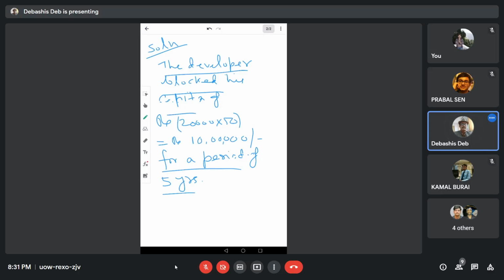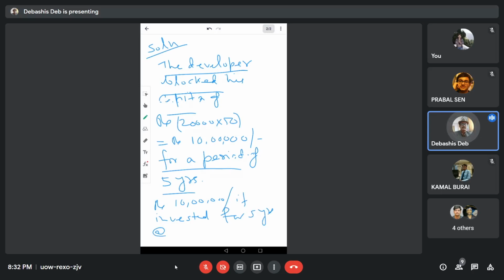Now, rupees 10 lakh, if invested for 5 years at the rate of interest mentioned in the problem.